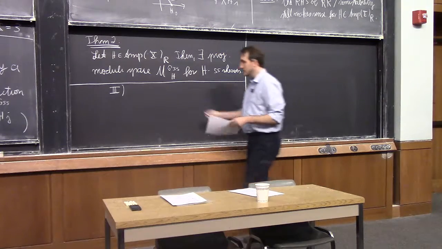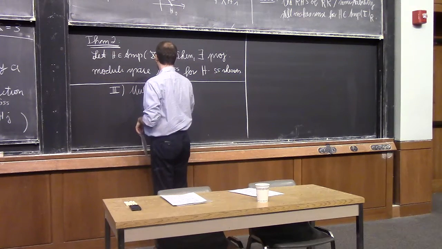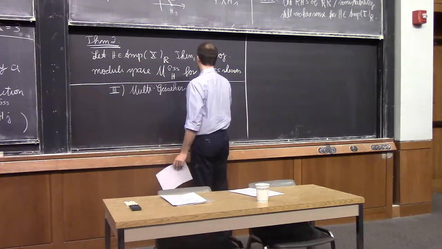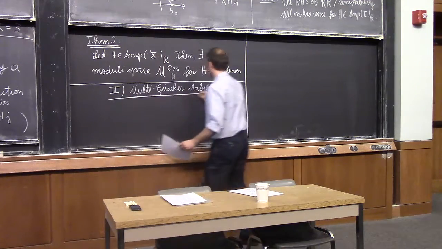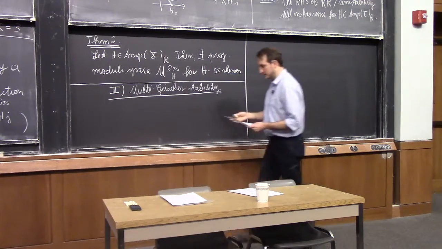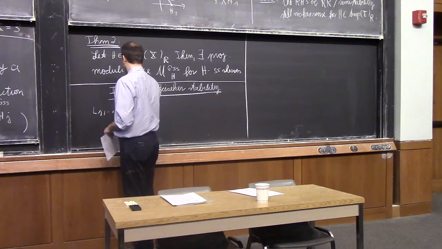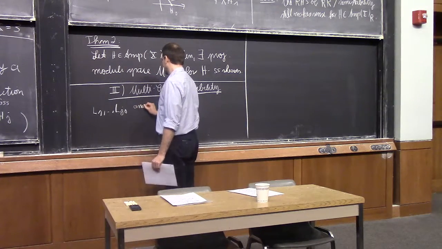Okay, so 3 is what we call multi-Gieseker stability, which is probably not really new, because it's a very simple-minded thing. This starts with a number of line bundles.